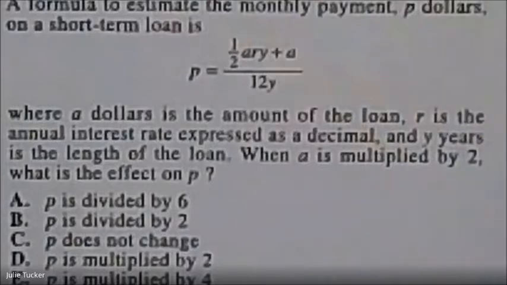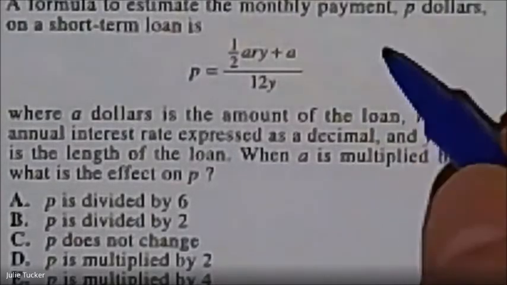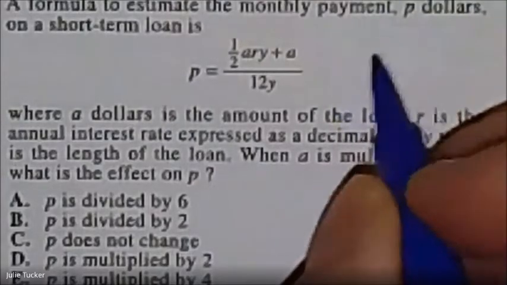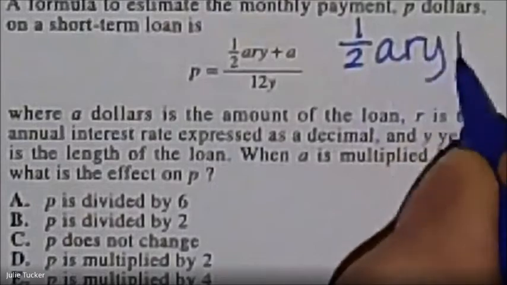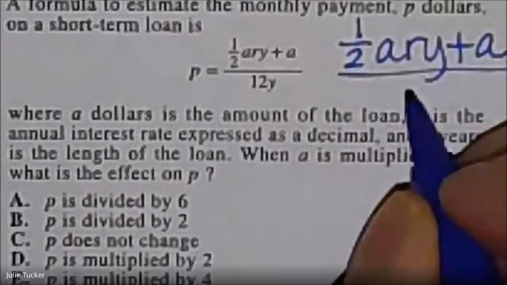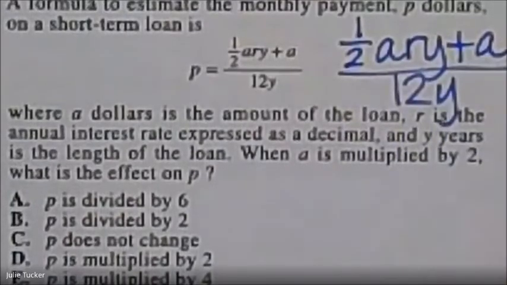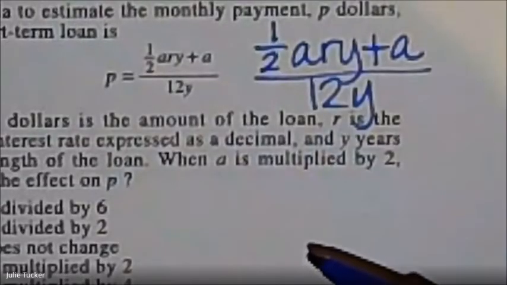And then we can double it. Okay? Well, that's what we're going to do. I'm going to write the formula a lot bigger though. So 1/2 ARY plus A all over 12Y. So let's just pick some numbers.